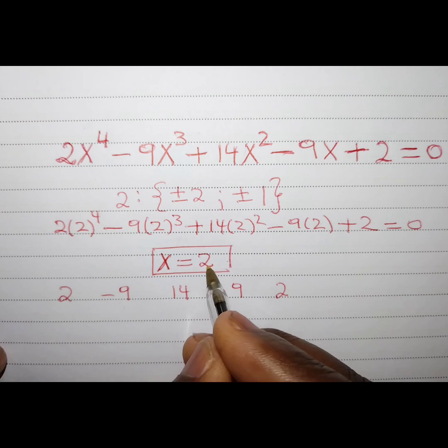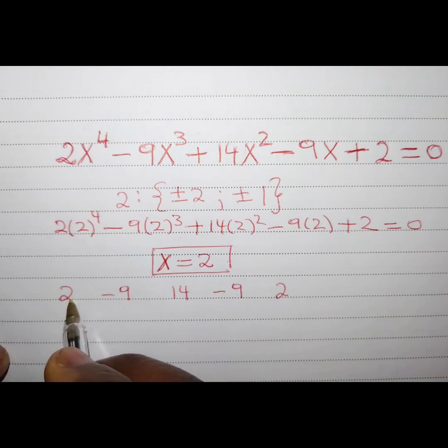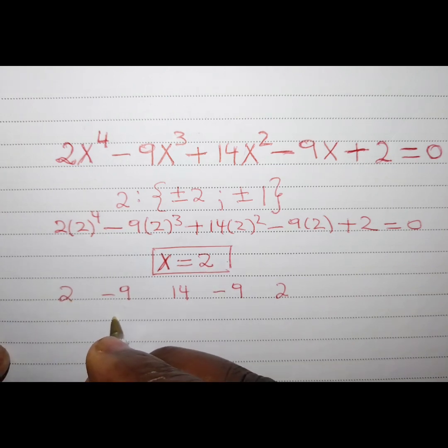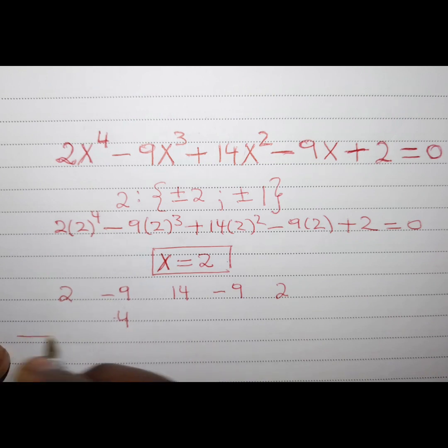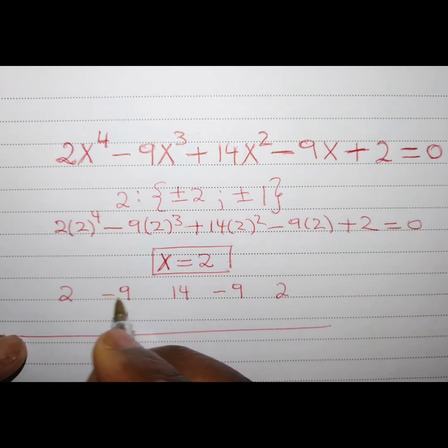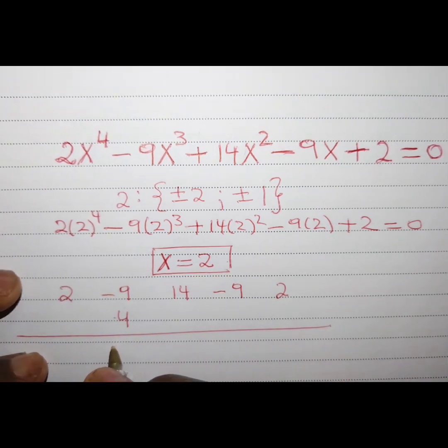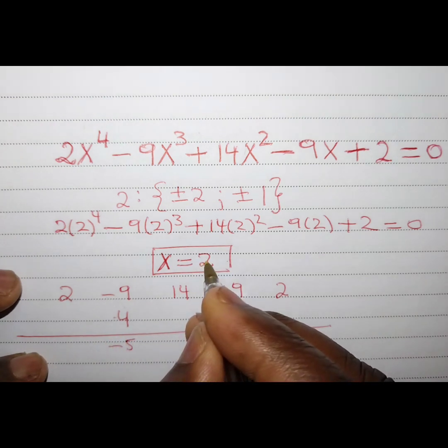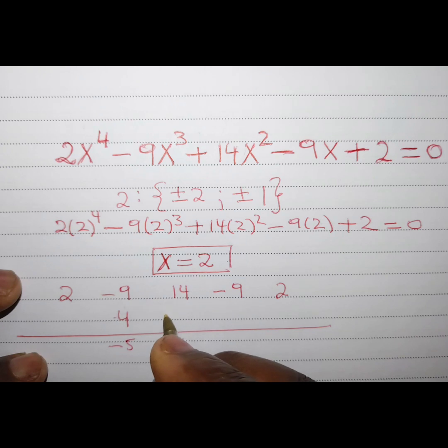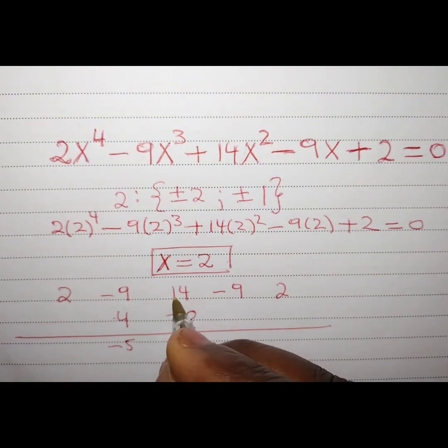Now I'm going to multiply 2 and 2, which is equal to 4, so I'm going to write 4 down here. Minus 9 plus 4 is minus 5. Then I'll take minus 5 times 2, which is negative 10. So we have a negative 10 written under 14.